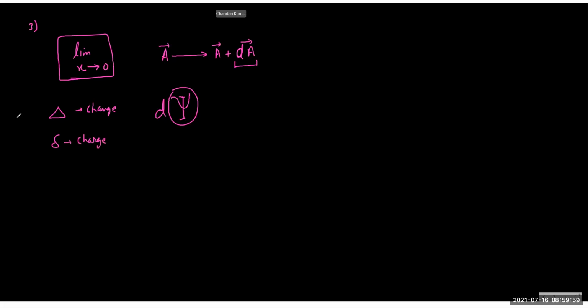Now this is a very interesting story. Delta, but we say this as del, and then comes the d. This is also change, and we call this d. Delta, del, d, just names. So this is the big change.